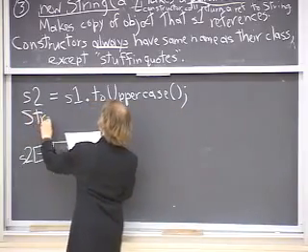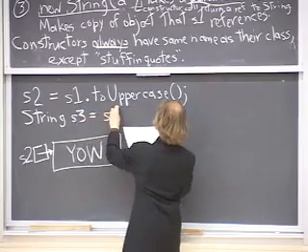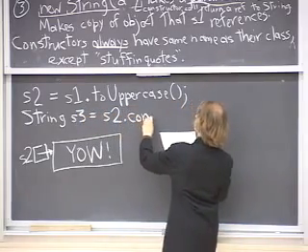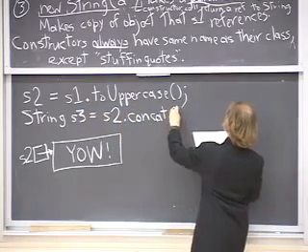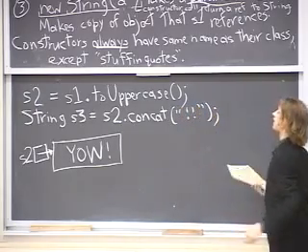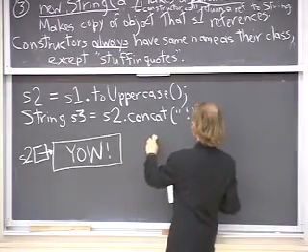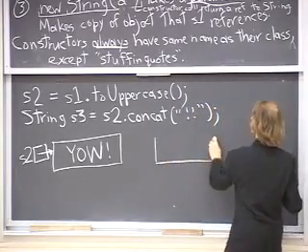Let's try a few more methods. Another method is called concat, which is short for concatenate, and it's used to concatenate two strings together. So here I want to create a new string.